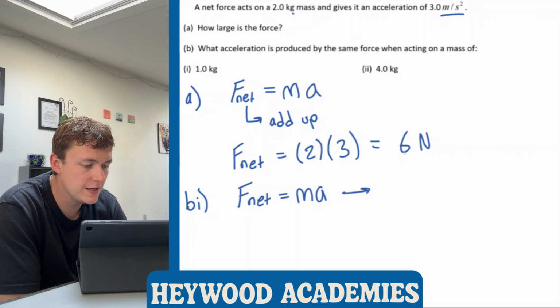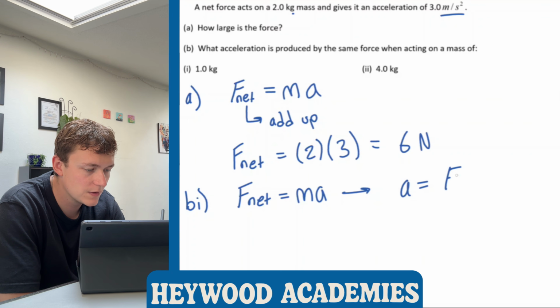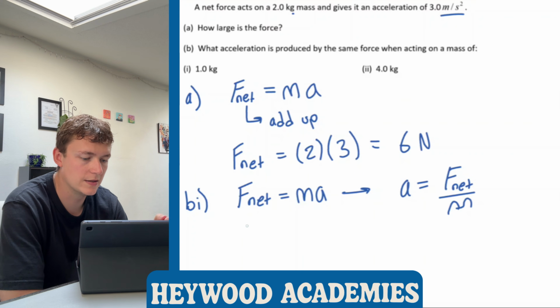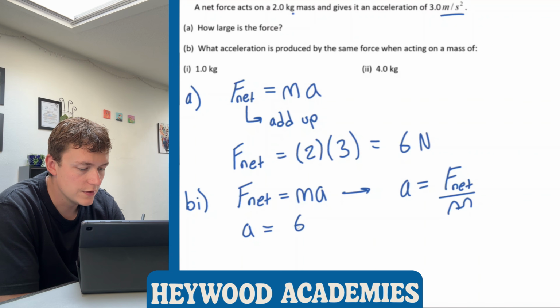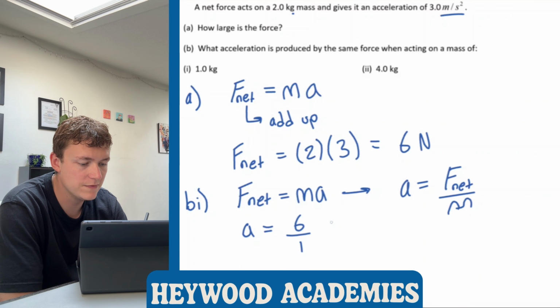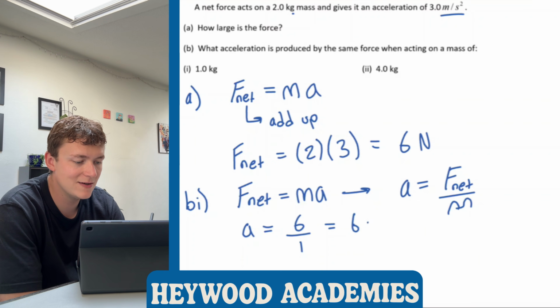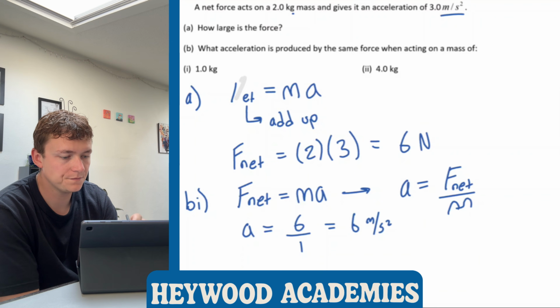Now we want to solve for the acceleration, so we've got to divide both sides by the mass. So we'll get F net over mass. And we go and plug that in. So we had 6 newtons. Now we've got 1 kilogram of mass. So 6 divided by 1 is 6 meters per second squared.